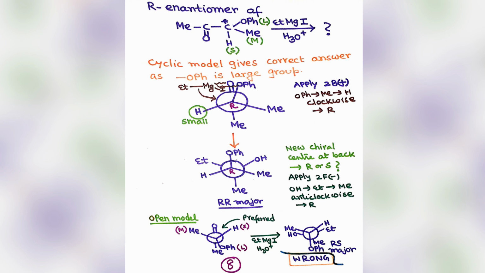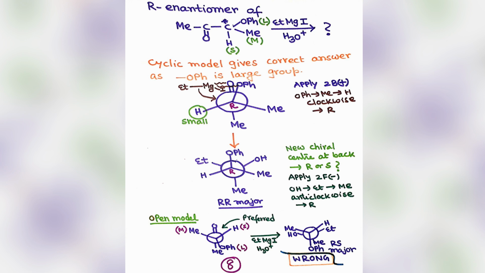Methyl is the medium size group, and hydrogen is the small size group. This molecule is again allowed to react with ethyl magnesium iodide, followed by hydrolysis, in order to get a secondary alcohol.